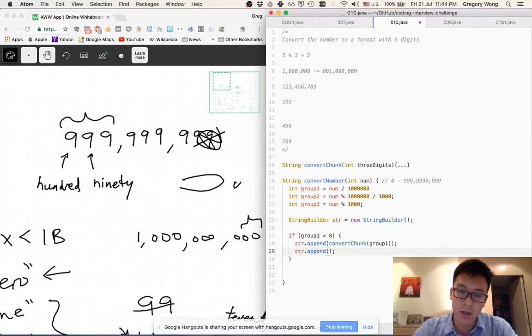So first I guess we append a space, and then we append million.